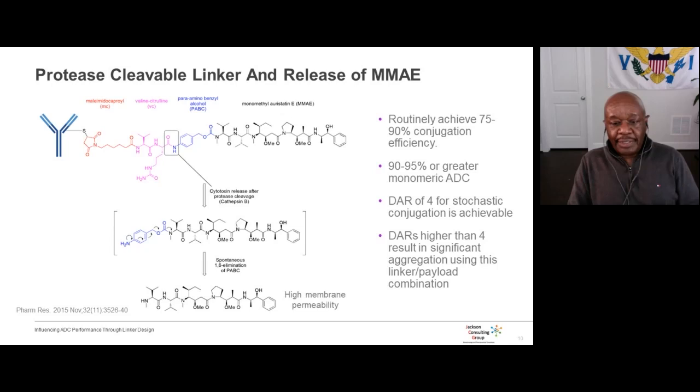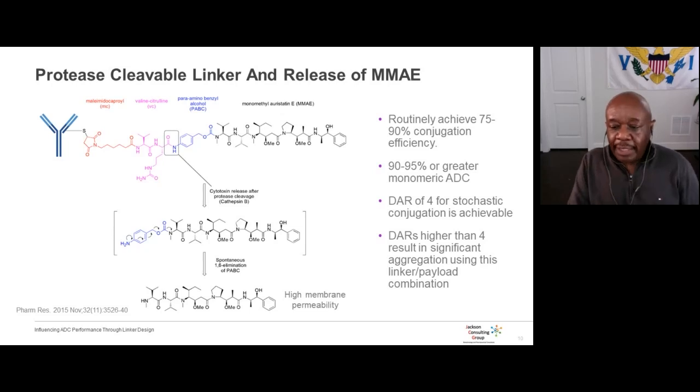For these types of ADCs, the traditional ADC using stochastic conjugation is DAR4, so 4 drugs per antibody. If you try to go above DAR4 using this type of linker payload, you're going to run into aggregation issues. And I know Matt has in his presentation some technology using very, very interesting linker chemistry, which can get you around this potential issue, so you can develop ADCs with a higher than DAR4 for MMAE.